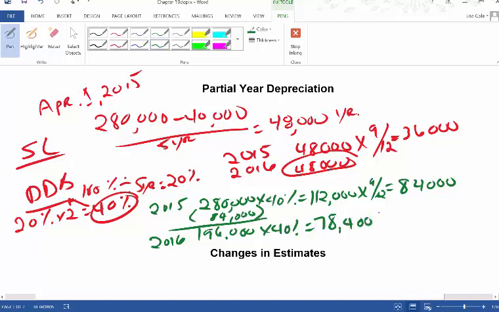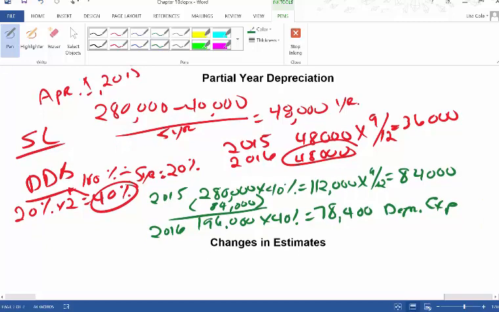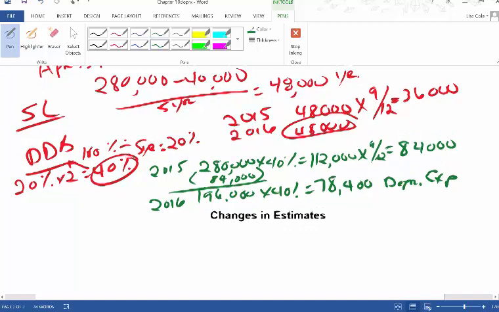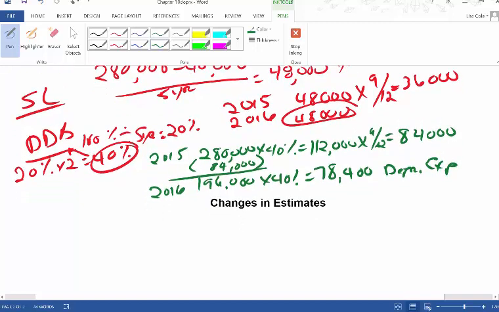I wouldn't have to adjust, because I had it for a full 12 months in that year. So just keep in mind, partial year depreciation, either in the year of purchase or the year of disposal, affects straight line method and your double declining balance method. It does not affect the units of production, because it's based on how many units you actually produce.